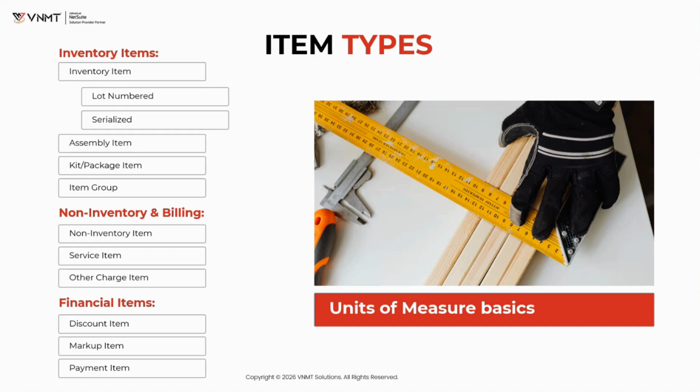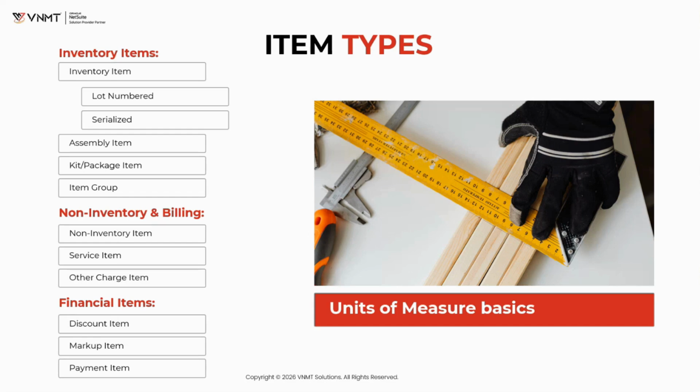Next up are your non-inventory, service, and other charge items. These are non-inventory items or items you do not want to track the inventory of. You do not care how much you have purchased or how much quantity you are selling. You just want to keep track of the amount you have done. So something similar to your packaging materials, or service items are items like the time and expenses you provide for services like repairing charges or something like consultation charges.